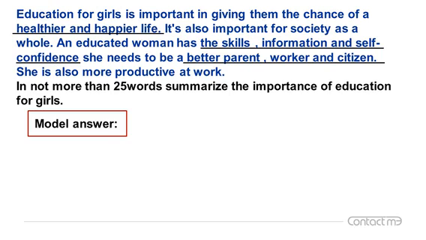She needs to be a better parent, worker, and citizen. More productive at work. The underlined phrases or sentences are the key sentences. You have to join them together and write them in a connected piece of writing in a short paragraph. Look at the answer, the model answer.